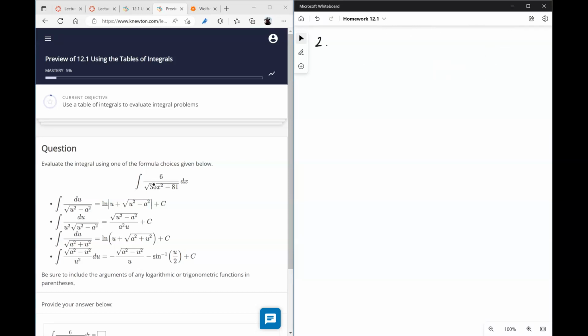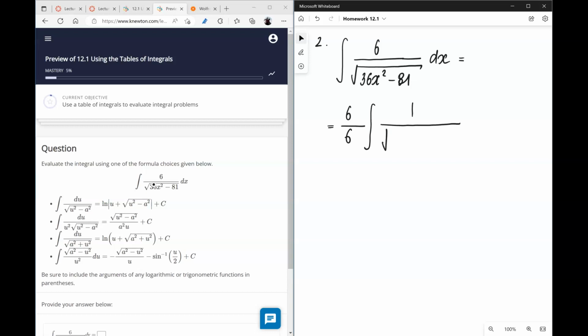Similarly, we can clean up this integral to make it look a certain way. To clean this one up, we're going to take 6 out, and we're going to also take 6 from the denominator.